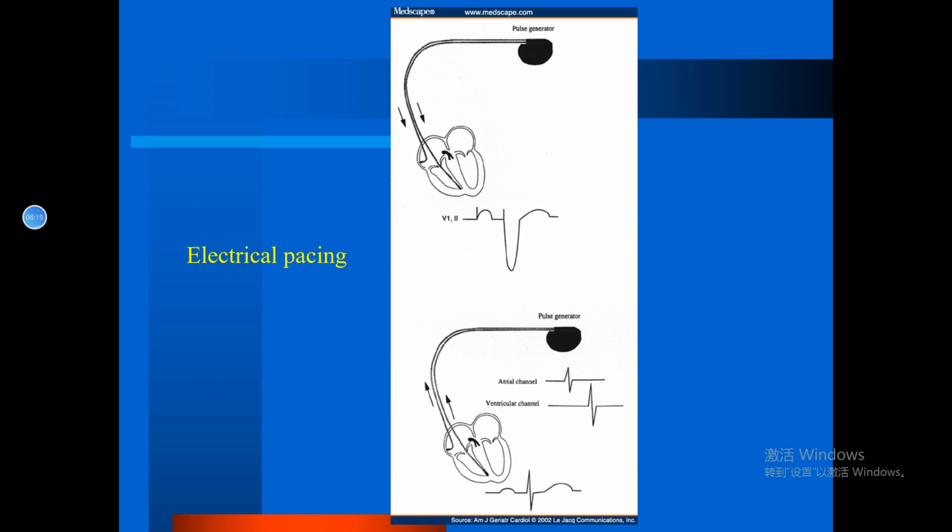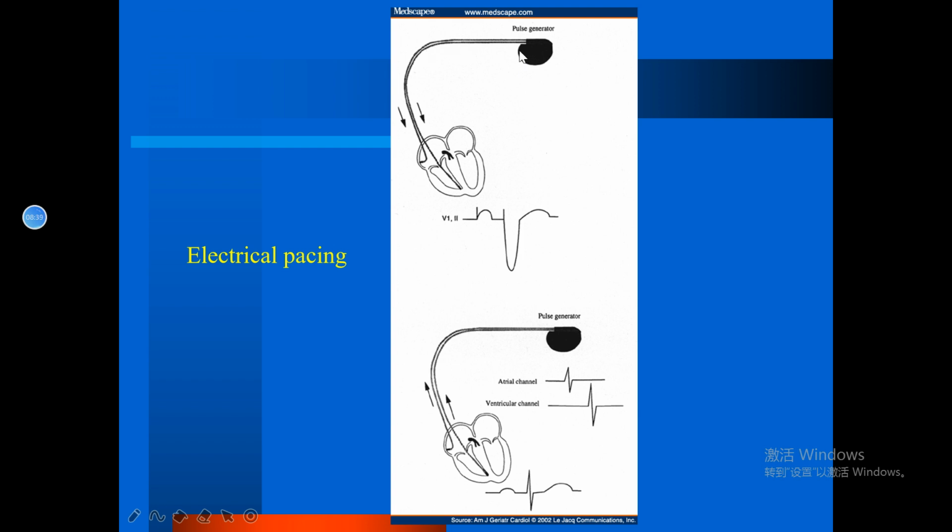This is a picture of electrical pacing. In this picture, you can see this is a pacemaker. It can generate the pulse, the electrical activities.